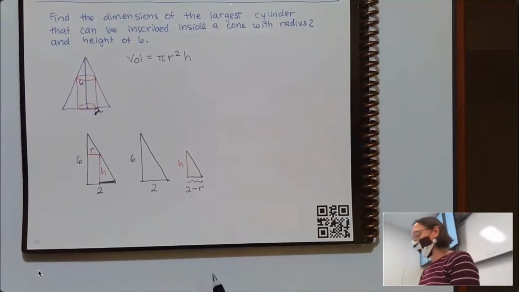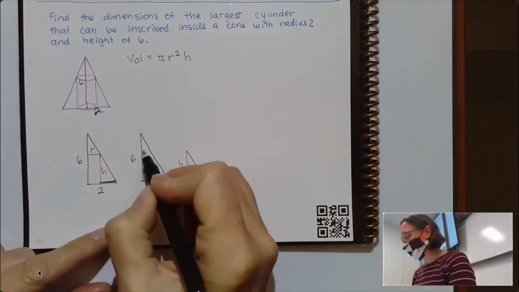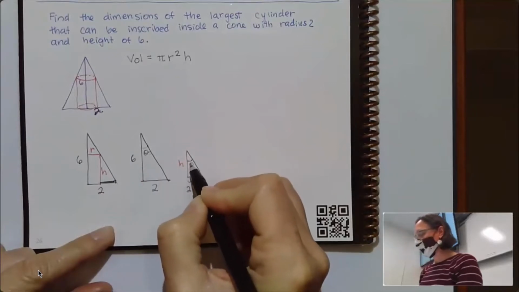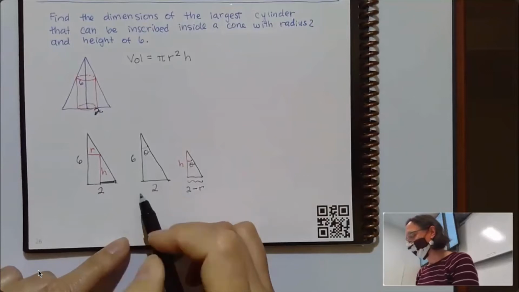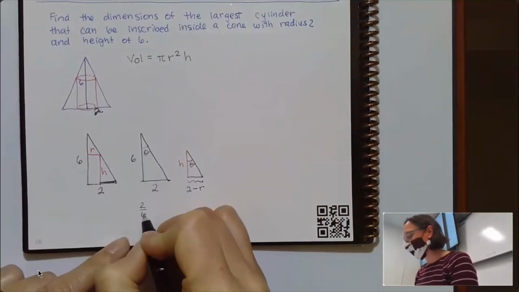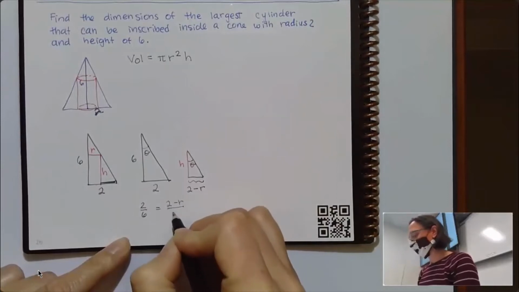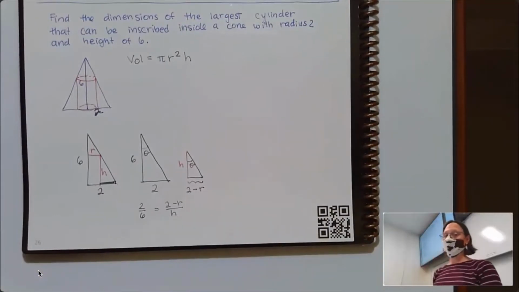So I think about this as if these are the angles that they share, then tangent theta for this triangle is 2 over 6, and tangent theta for this triangle is 2 minus R over H. Then you can cross multiply as long as you do the right thing.